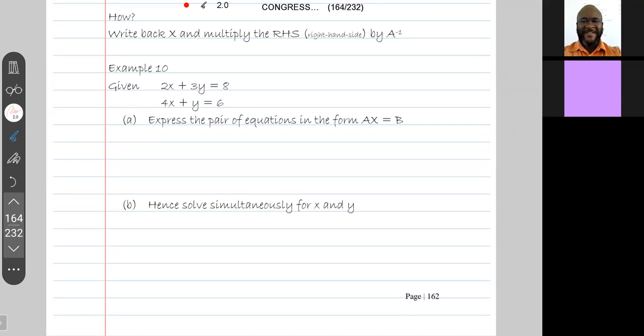And the first thing we're asked to do is to express the pair of equations in the form AX is equal to B. In other words, we must move from simultaneous equations to a matrix equation.